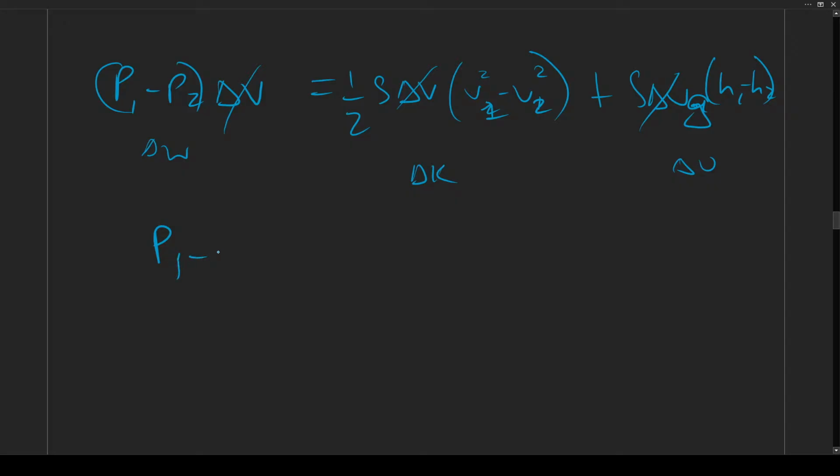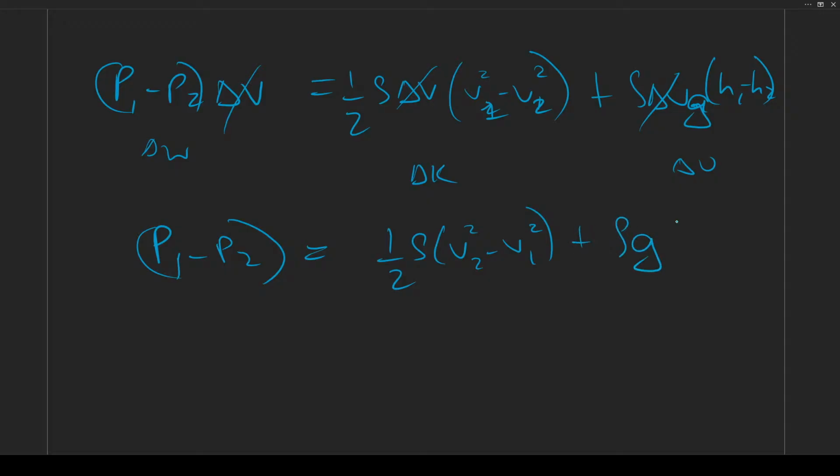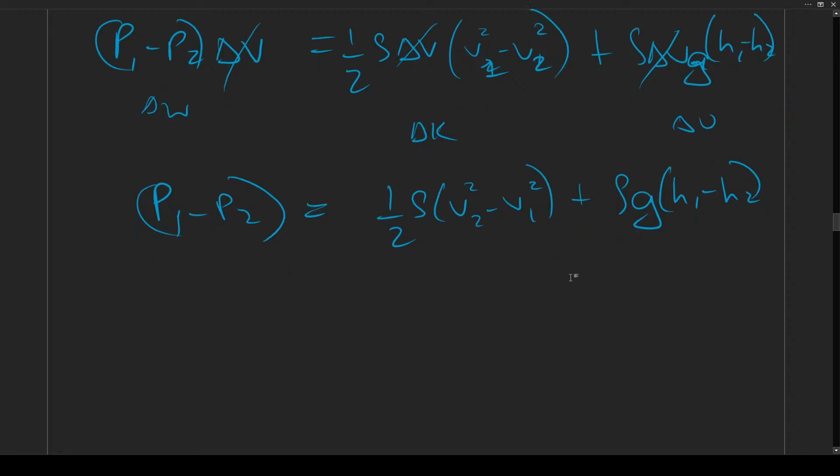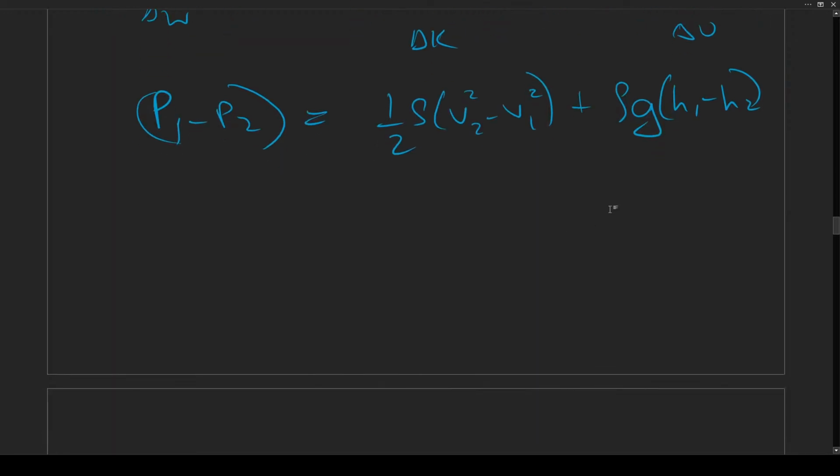By the work energy principle, P1 minus P2 is equal to half rho V2 square minus V1 square, whatever it might be. I'd rather prefer to write it as delta V square, but let's just write it right now. Then rho G H1 minus H2, or H2 minus H1. It's not right to shift them without knowing the values; it is based on the values right now.